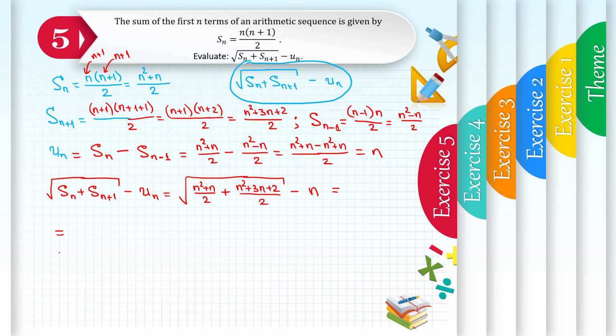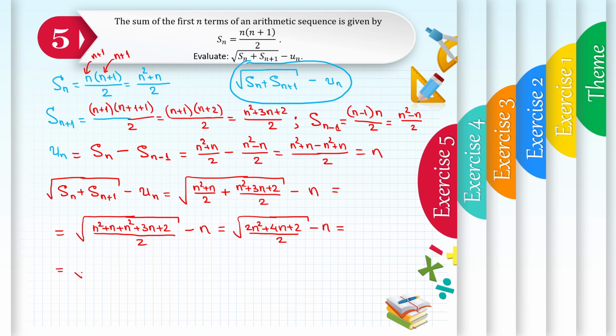Now let's make some calculations that are present in the square root. So we'll have the square root of n squared plus n plus n squared plus 3n plus 2 over 2 minus n, which is equal to 2n squared plus 4n plus 2 over 2 minus n, which is equal to n squared plus 2n plus 1 minus n.